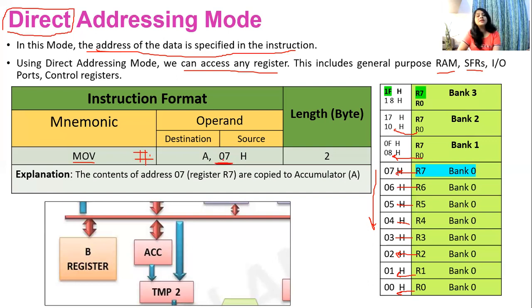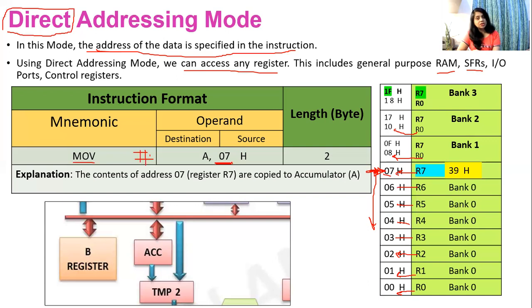That means data is available at this address. Where is 07? You can see here this is 07. Register R7 has address 07. So whatever is available in R7, let's say 39 is available in register R7.